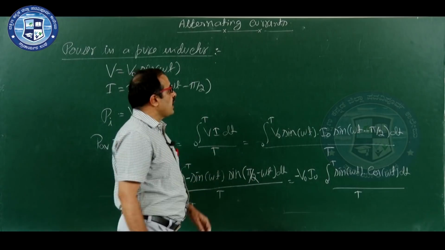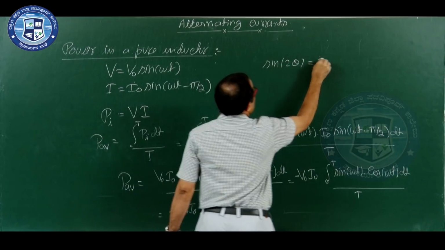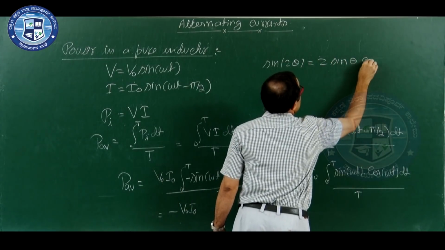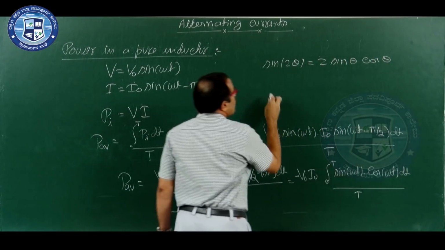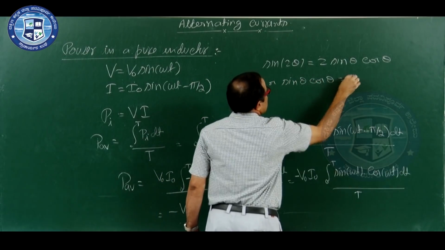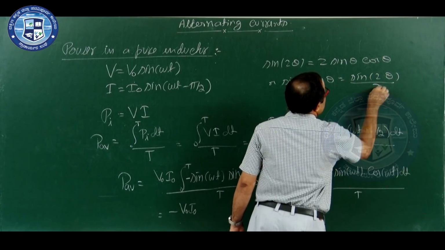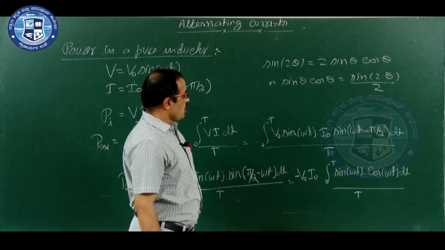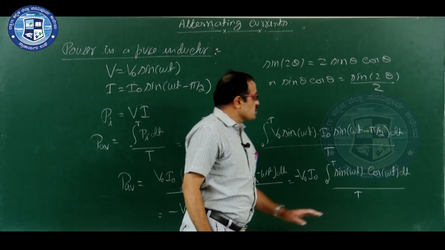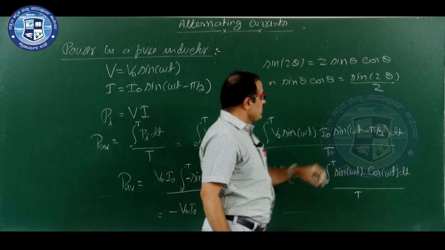We know the formula sin 2 theta is equal to 2 sin theta cos theta, so sin theta into cos theta is sin 2 theta by 2. So sin omega t into cos omega t is nothing but sin 2 omega t by 2.